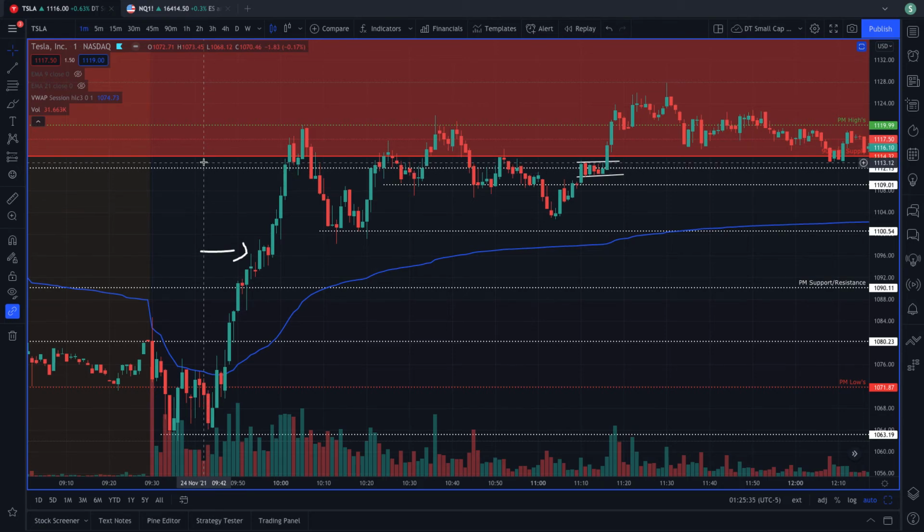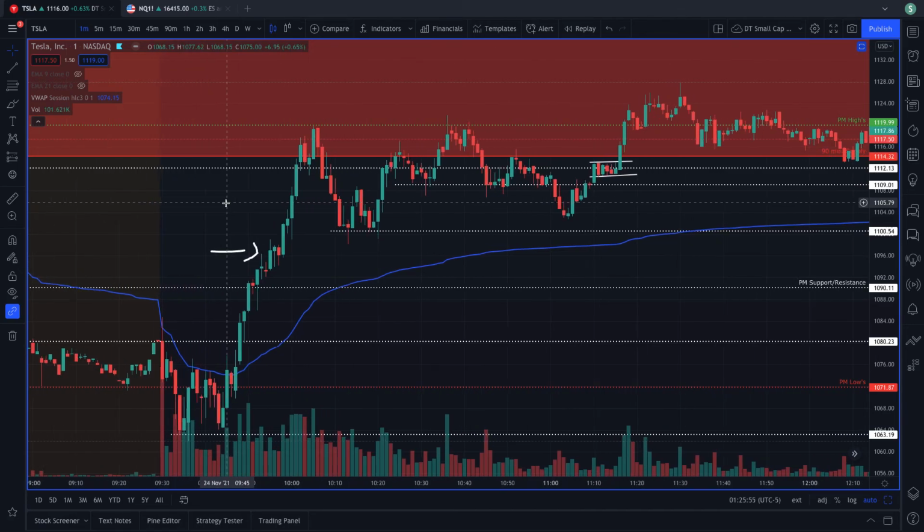Was it 11.15 call? Yeah, and even the 11.15 call was about, I think, $800 this morning, and it pretty much more than doubled, almost to $1,000, which I'm pretty sad about.